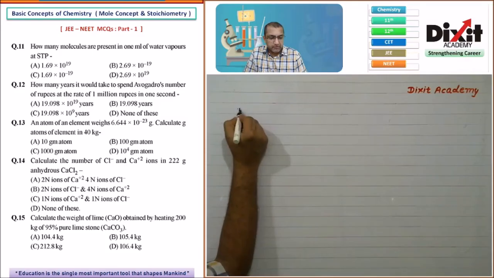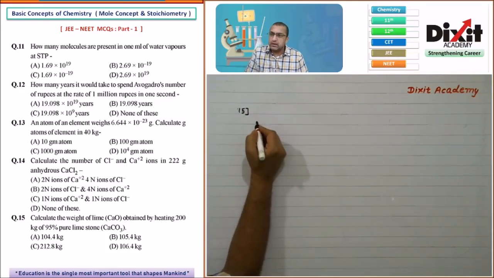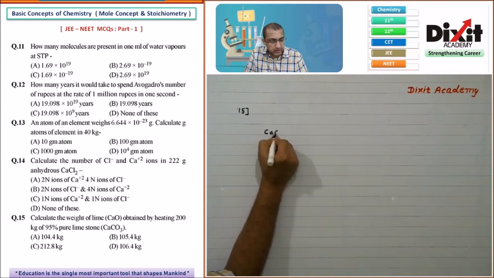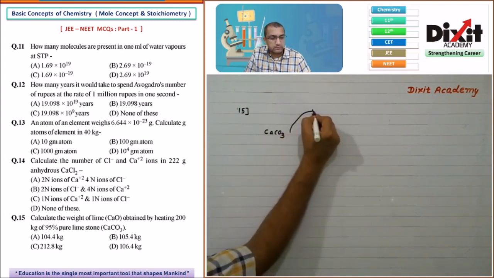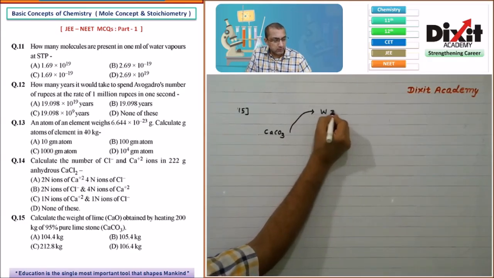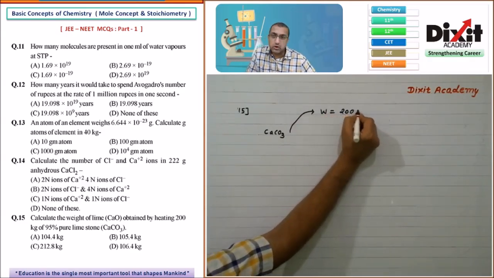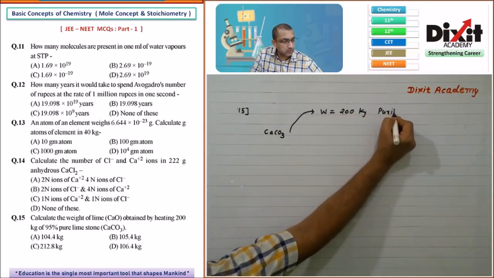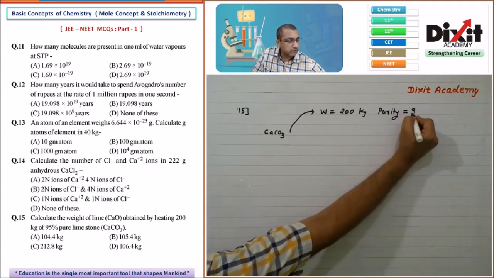Question number 15. Calculate the weight of lime, calcium oxide, obtained by heating 200 kg of 95% pure limestone, that is calcium carbonate. Okay, so we have calcium carbonate. Now for this calcium carbonate, given weight is 200 kg and the purity is given 95%.